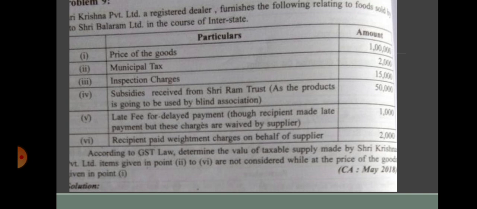That means those expenses, from municipal tax till the weighment charges, are not included in the price of the goods. Now you go for analyzing those expenses. If it is an includable part, you must add it to the price of the goods to calculate the taxable value of supply. So you take the base here, the price of the goods.